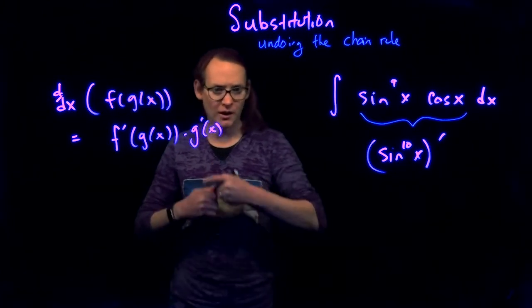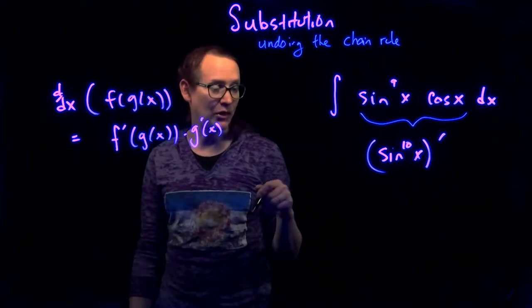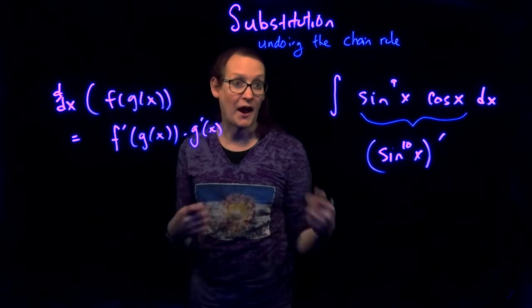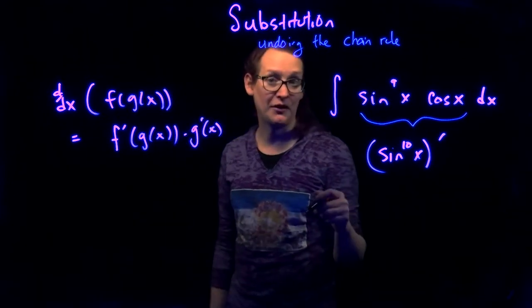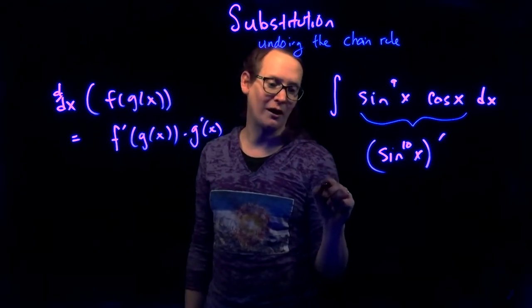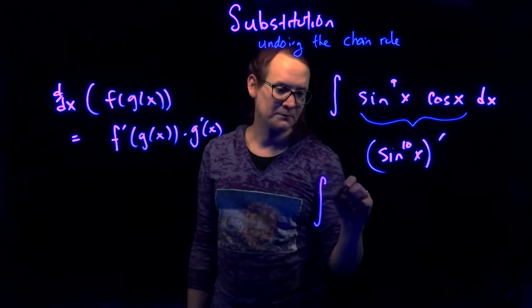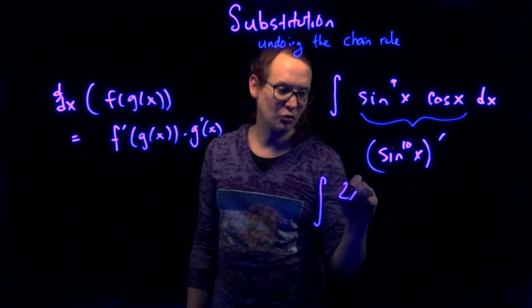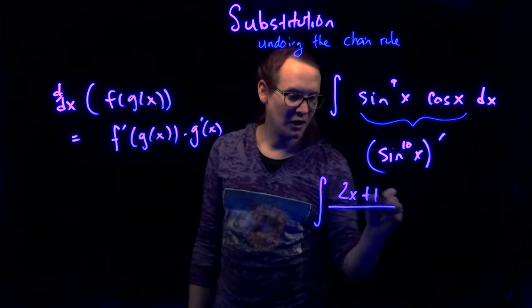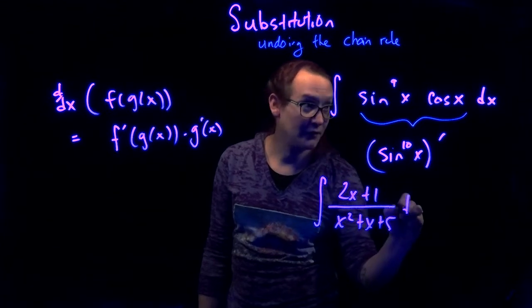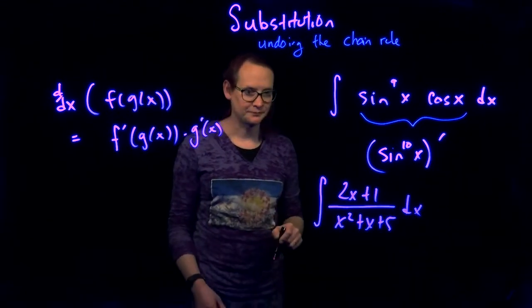Let's do another quick example, not of the method of substitution itself, but just to get you a feel for the types of integrands that work well for this. So I might have the integral of 2x plus 1 over x squared plus x plus 5 dx.